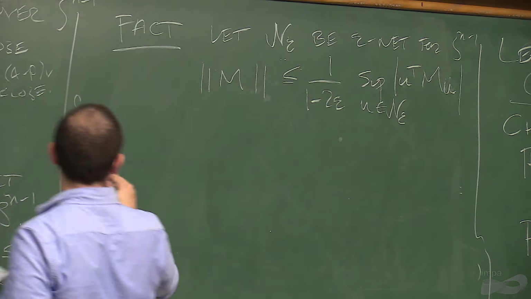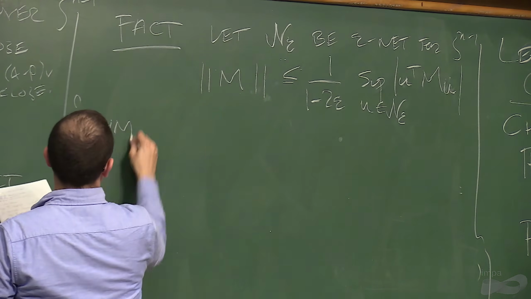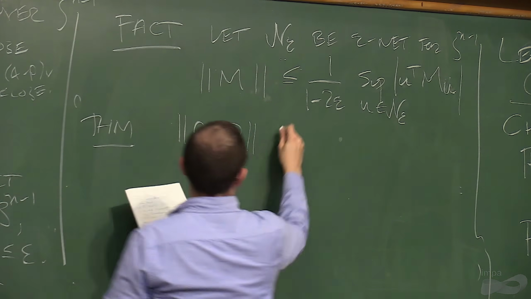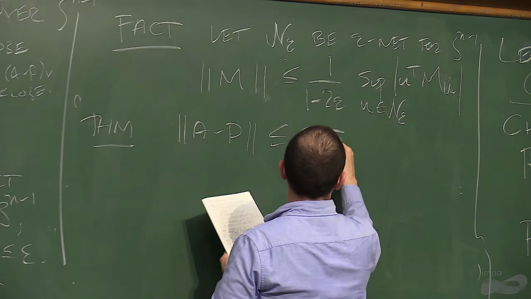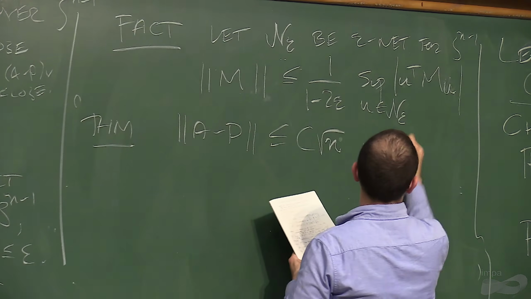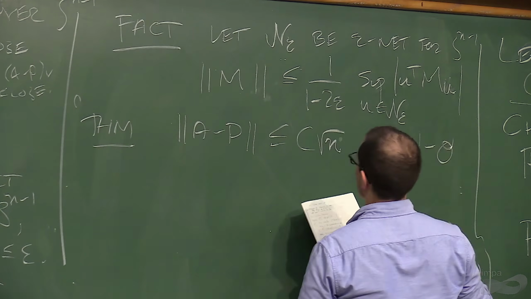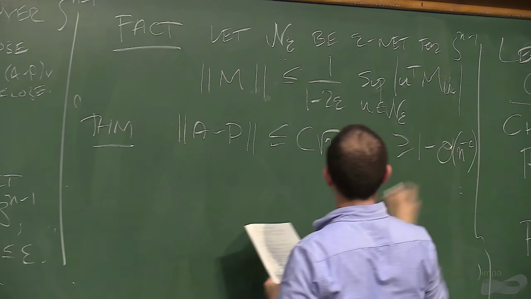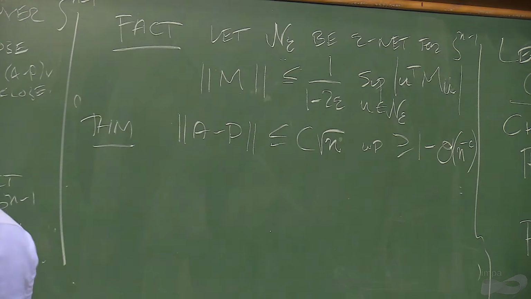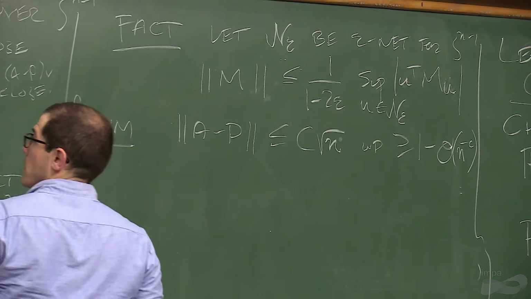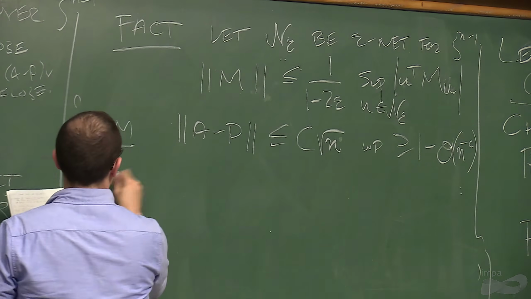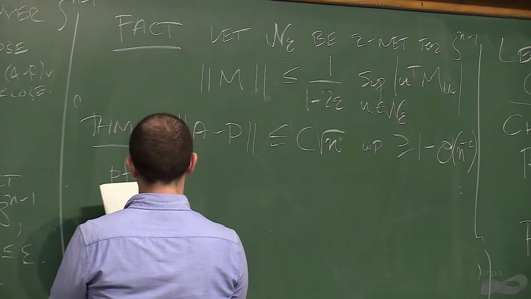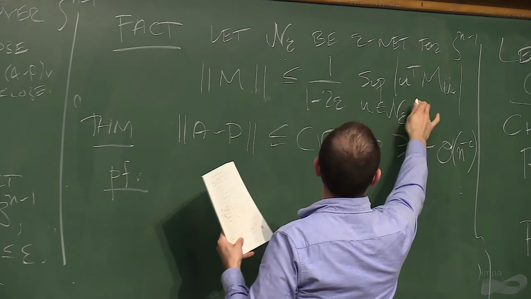I'm going to give a proof sketch of the theorem: the spectral norm of A minus P is at most on the order of root n, with probability at least 1 minus order n to the negative little c, where you can make this little c bigger by making this big C bigger. Very fast sketch. Essentially, we need to control this quantity.